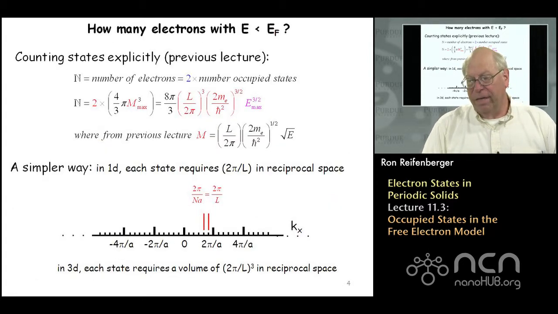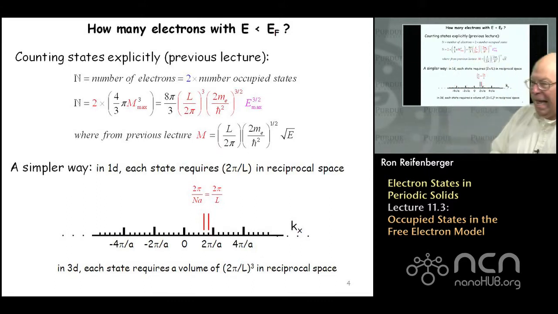So let me just briefly remind you what we did previously. We counted the number of states that were filled, and we did that by saying we have a factor of 2 for spin degeneracy, and we multiply that factor of 2 times the number of occupied states, and that then tells us the number of electrons that are present.